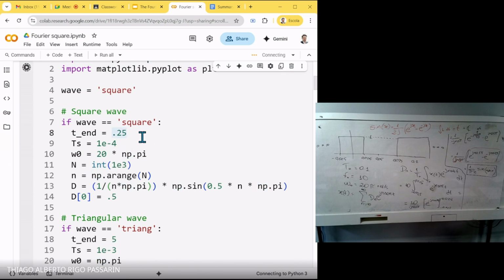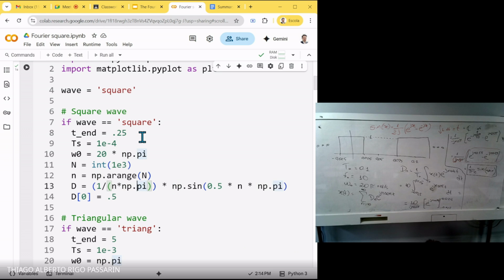I just defined the final t and the sampling period for the graphic representation, because I have to draw it in a plot. Then our omega 0 is 20 pi. My maximum n, I will compute n from minus 1,000 to 1,000. Then the values of d, this is the equation: 1 over pi n, the sine of half n pi.